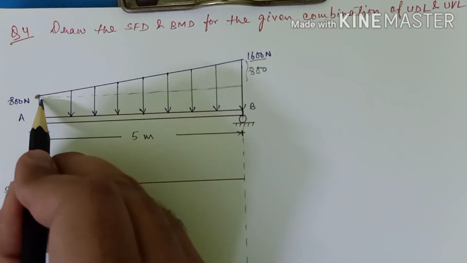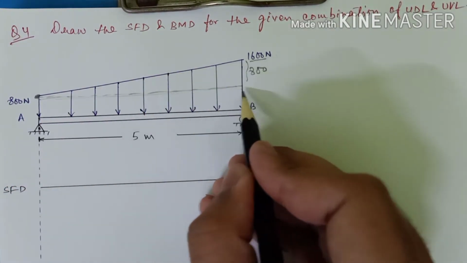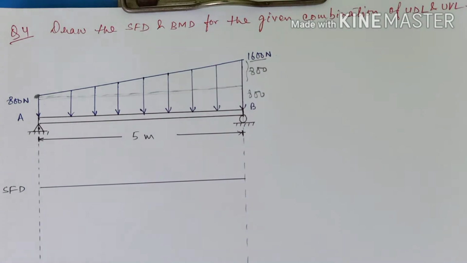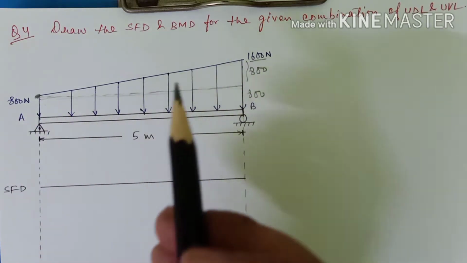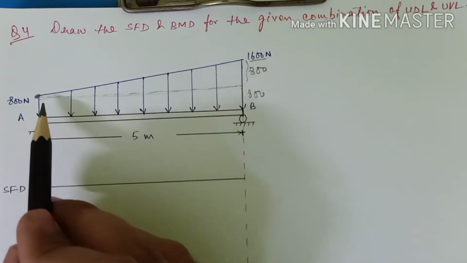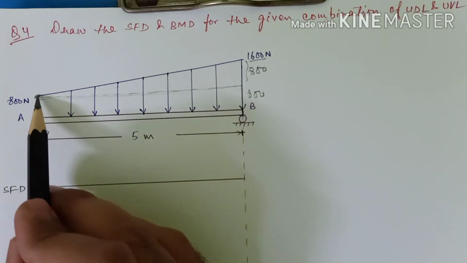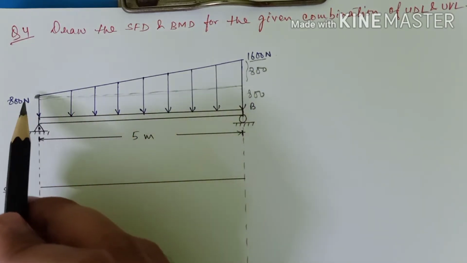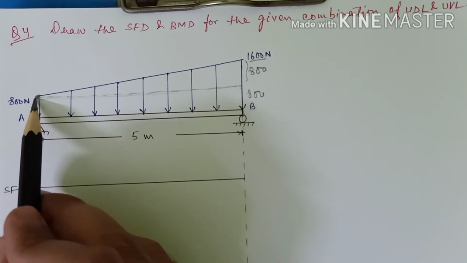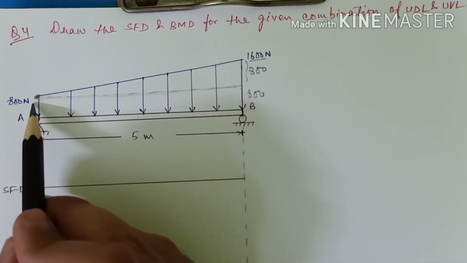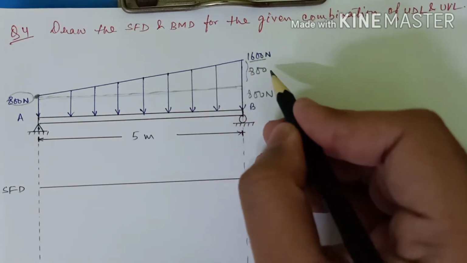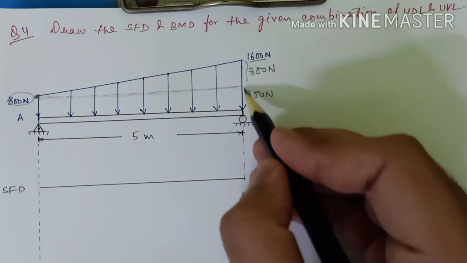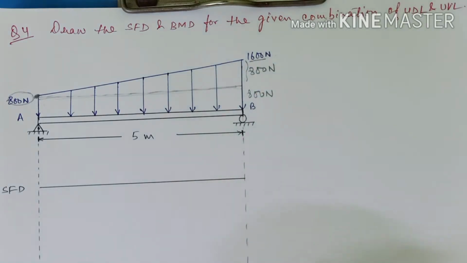So this is 800 and it is the same throughout the beam. I hope this is clear. Again I'm repeating, we have just divided the load into two parts, this UDL and this UVL. As the value continues in the UDL portion, when this is 800, this will also be 800 newtons and the remaining will be 800 newtons. So the total will be 1600 as given.